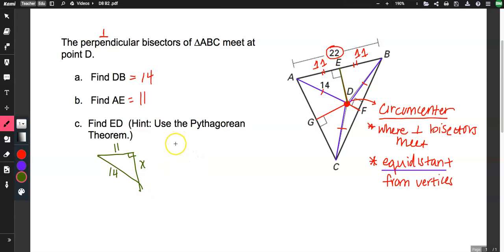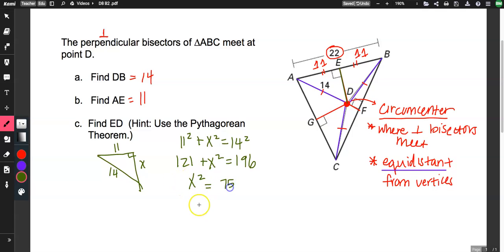So 11 squared plus x squared equals 14 squared. Solving for x, square root both sides. X equals the square root of 75. That's fine, we'll just leave it there.